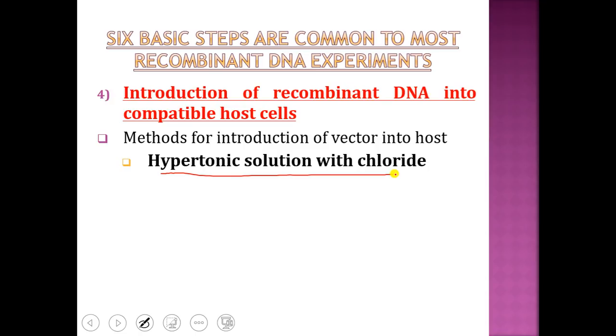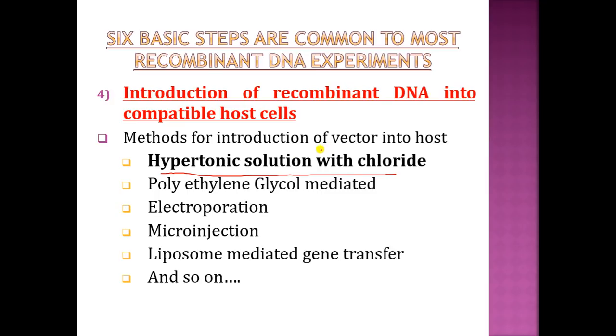We put the host cells and these vectors into the hypertonic chloride solution, and that will allow the chloride channel to open in that host cell wall, and that will allow this vector to enter inside the cell. The other methods are the polyethylene glycol method, electroporation, microinjection, liposome mediated gene transfer, and so on. There are a variety of methods available.